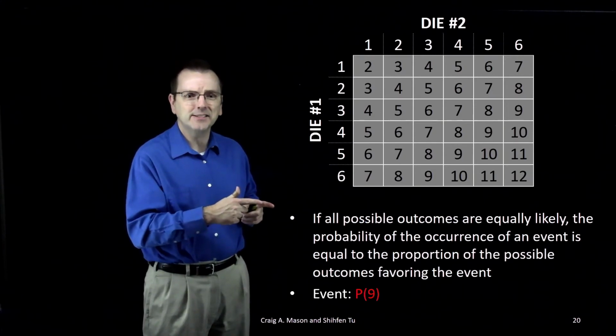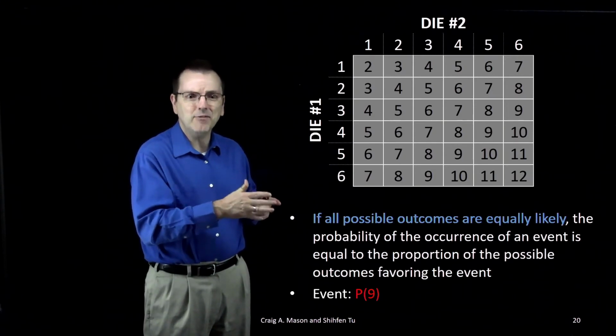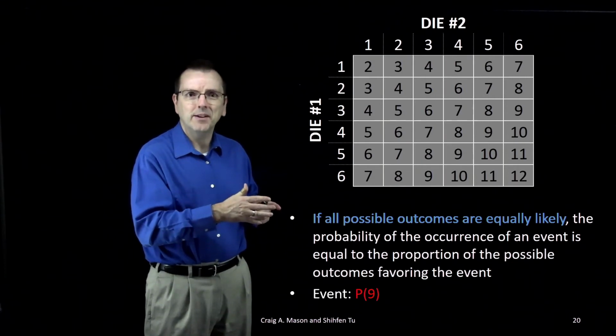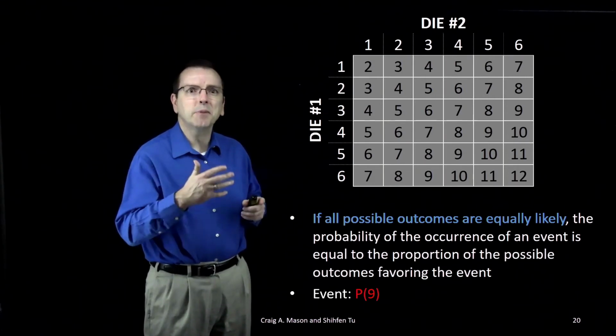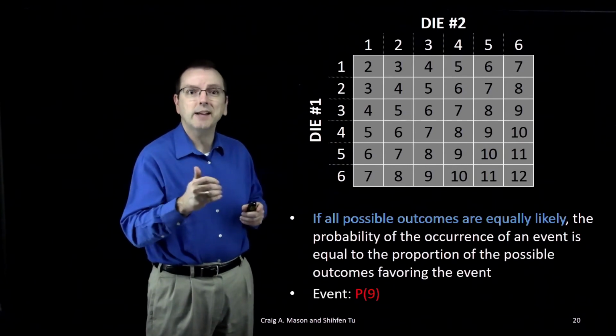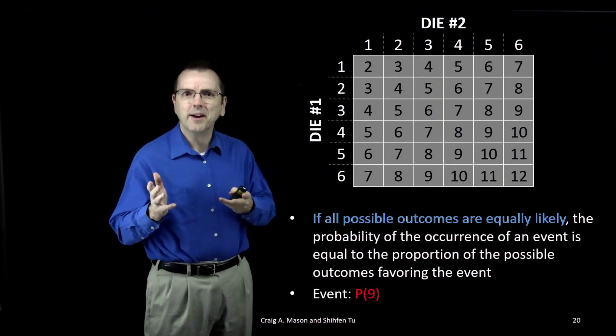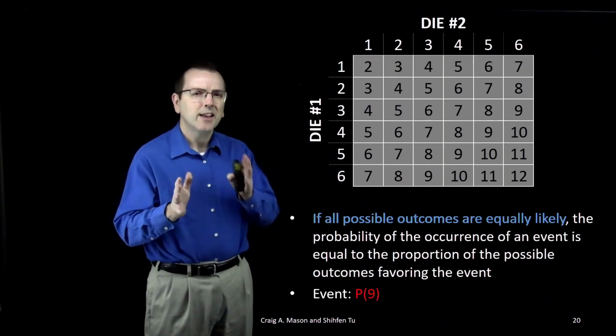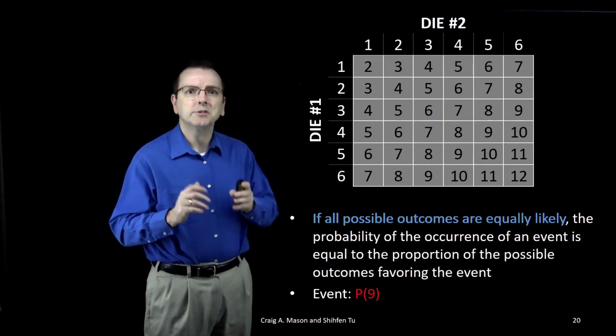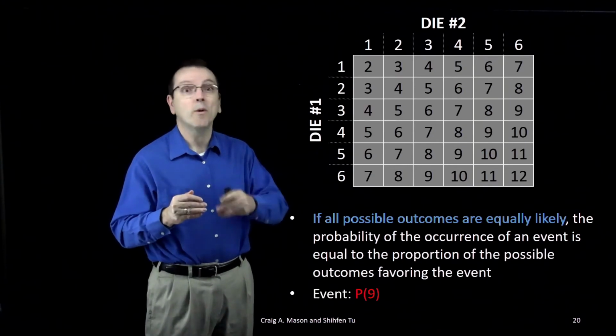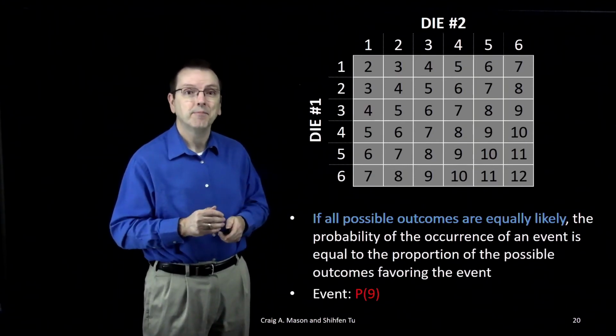This just says that if all possible outcomes are equally likely, well, that just means each of the outcomes has the same chance of occurring. The dice aren't weighted, right? In a more general sense, there's no bias that results in one outcome occurring more than another outcome.